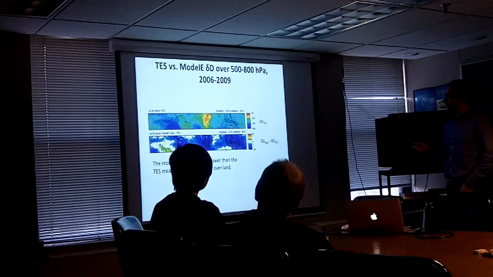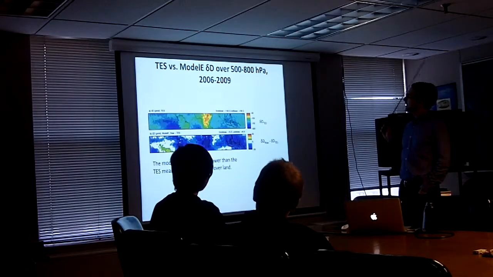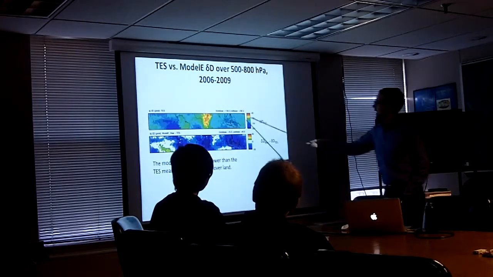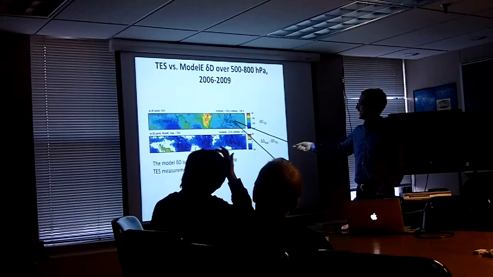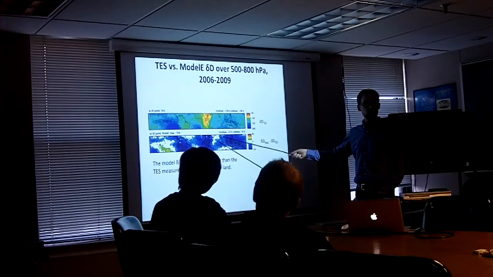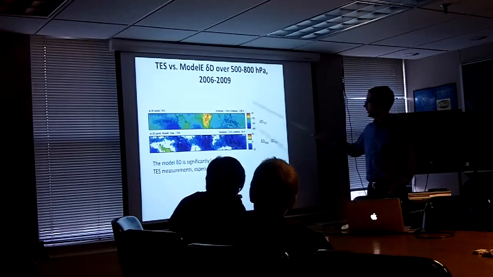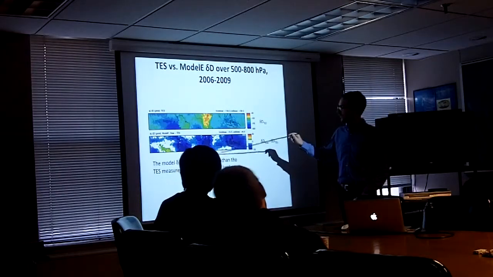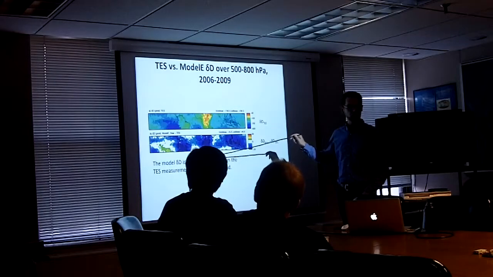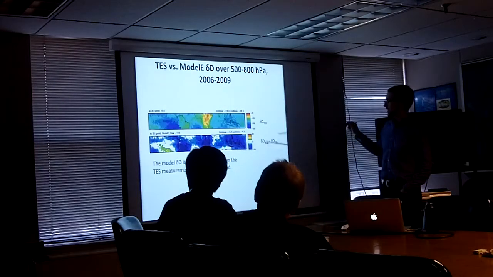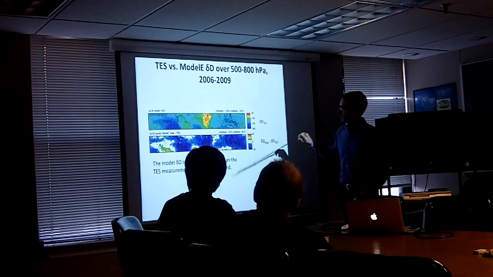So I'll start with the same isotopic field, and here's the difference between the raw model fields and the observations. Same range. You can see right away that the model delta D is significantly lower, or depleted, than the measurements, especially over land.